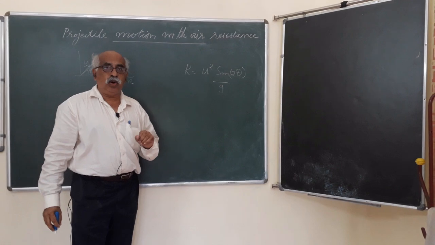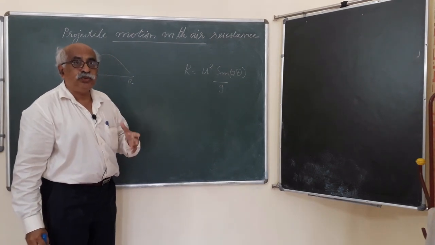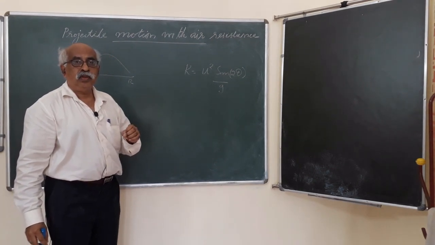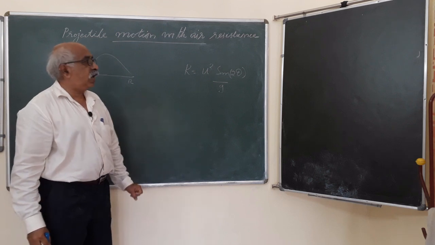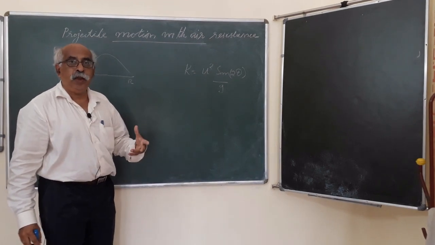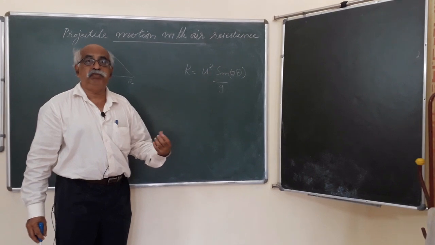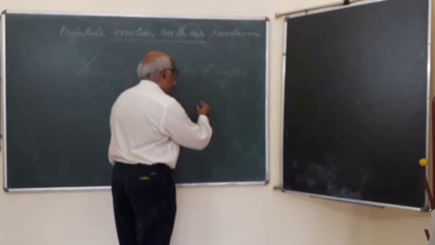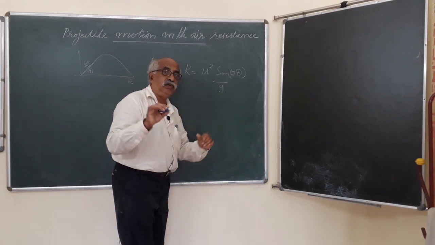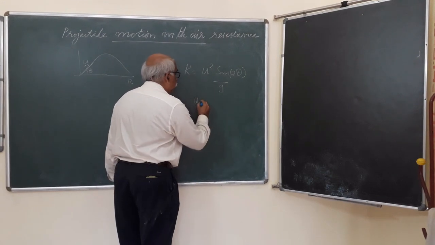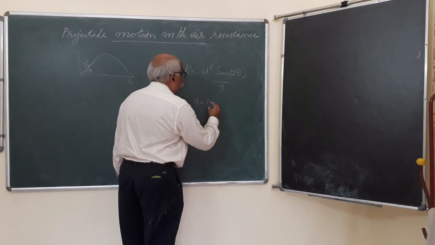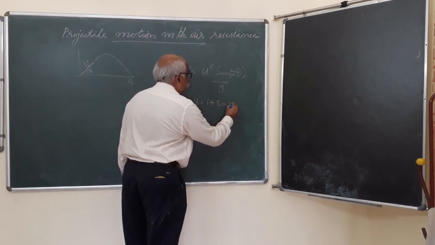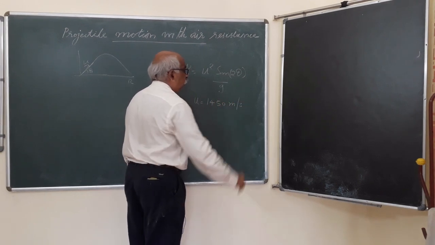During the First World War, when the Germans were attacking Paris, the capital of France, they were using a big gun known as Big Bertha. It could impart an initial velocity u is equal to 1450 meters per second.